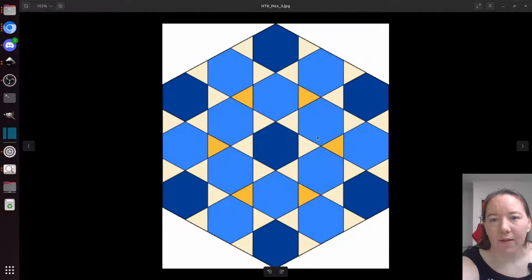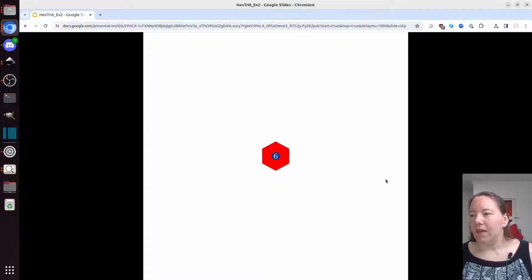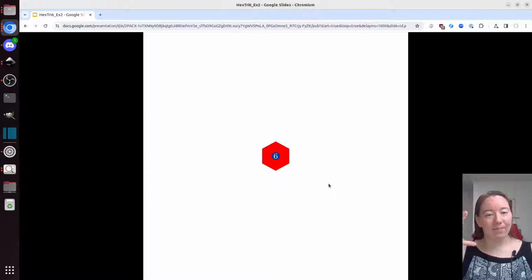So another way of seeing that is looking at each ring that we add.